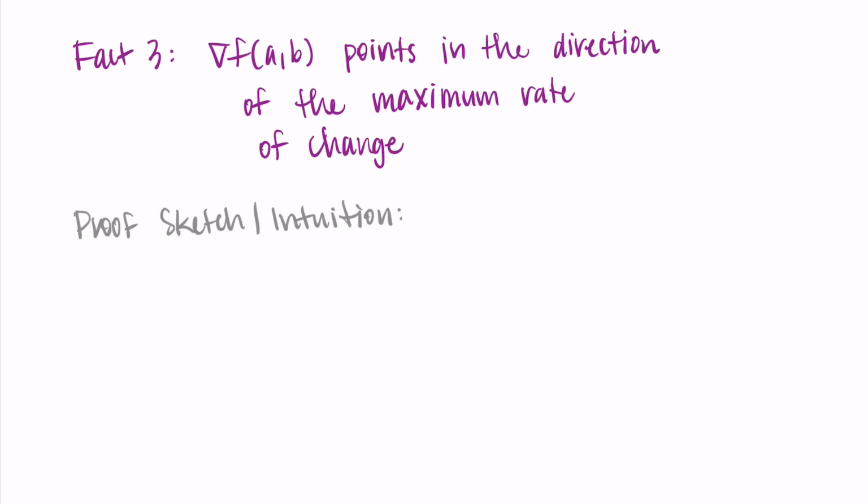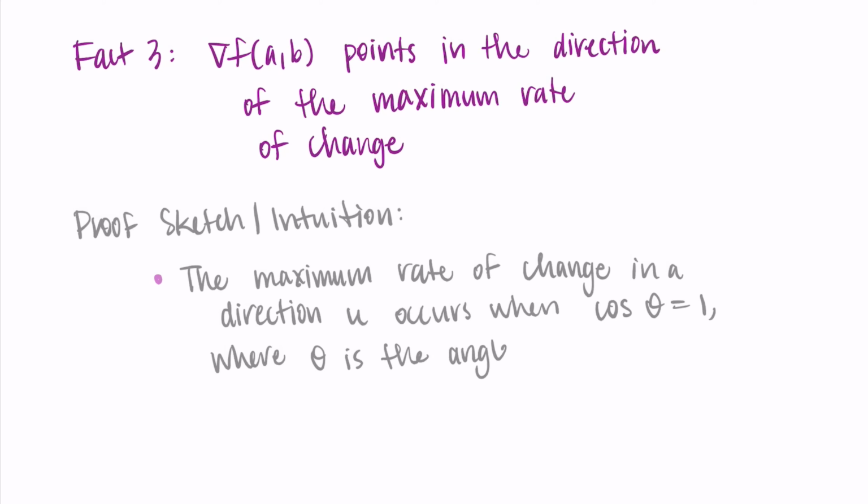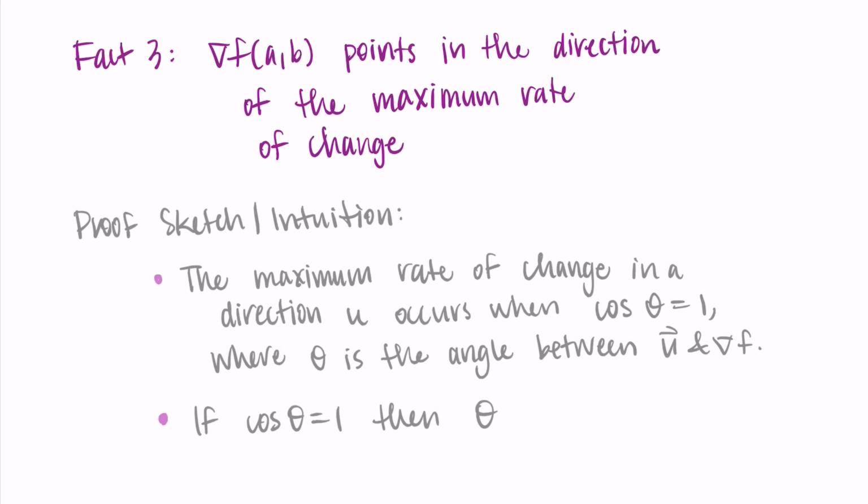From the previous argument, we know that the maximum rate of change in a direction, that direction being the unit vector u, occurs when the cosine of the angle between the vectors is equal to 1. Remember here that theta is the angle between the unit vector u and the gradient of f. So from this, we can conclude that theta must be 0, since 0 is the angle that will give us a cosine value of 1, and so the angle between the gradient vector and u is 0.